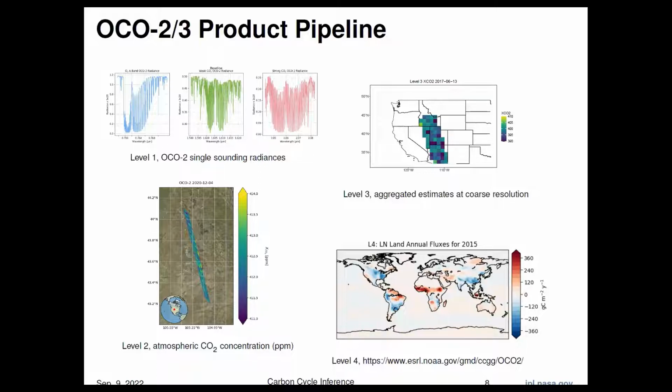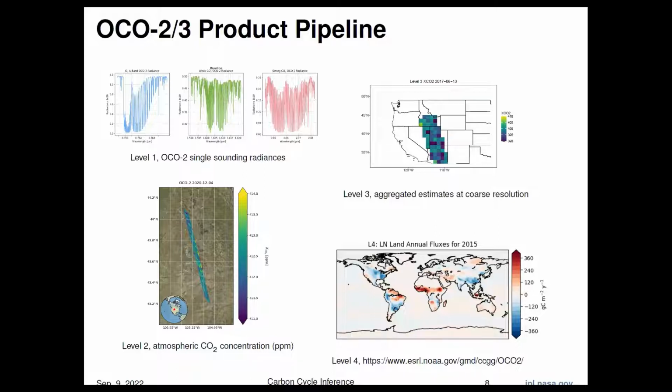An example of level 3, up here in the top right, is some sort of spatial aggregation of the level 2 products. And then finally, the level 4 example on the bottom right shows example estimates of the fluxes between the land and ocean and the atmosphere.